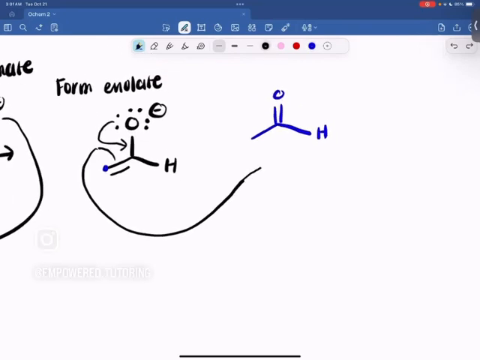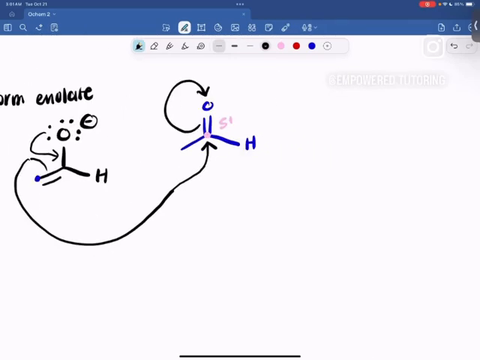Remember, that pi bond is going to attack the second aldehyde's carbonyl carbon, which is electrophilic. The electrophilic carbon can get attacked, and when it does, it moves its electrons up to the oxygen. This step is called nucleophilic addition.